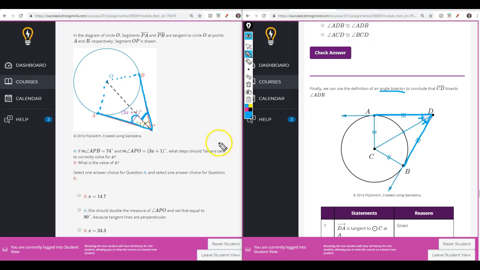So it is wanting us to solve for x. She could double the measure of APO and set that equal to 90 degrees because tangent lines are perpendicular.